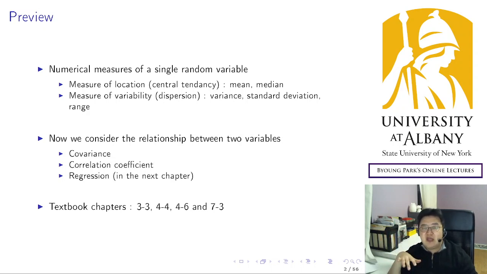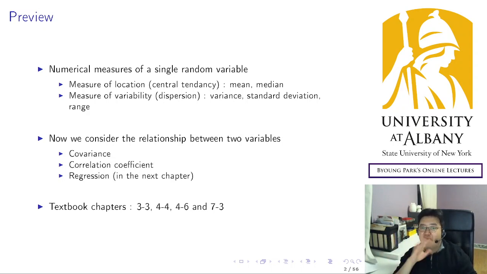In chapter 3, we learned measures of location or measures of central tendency. In that chapter, we learned the mean and the median. So basically, the measures of location capture the representative value, right? The center of the distribution.